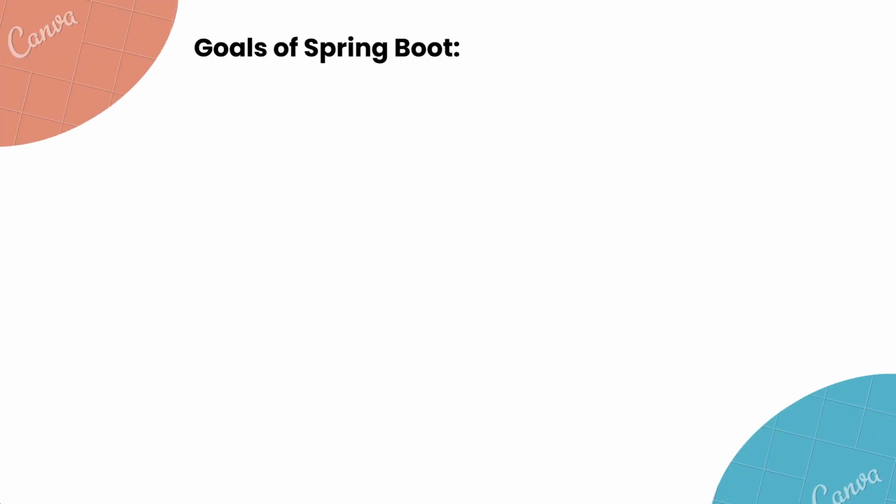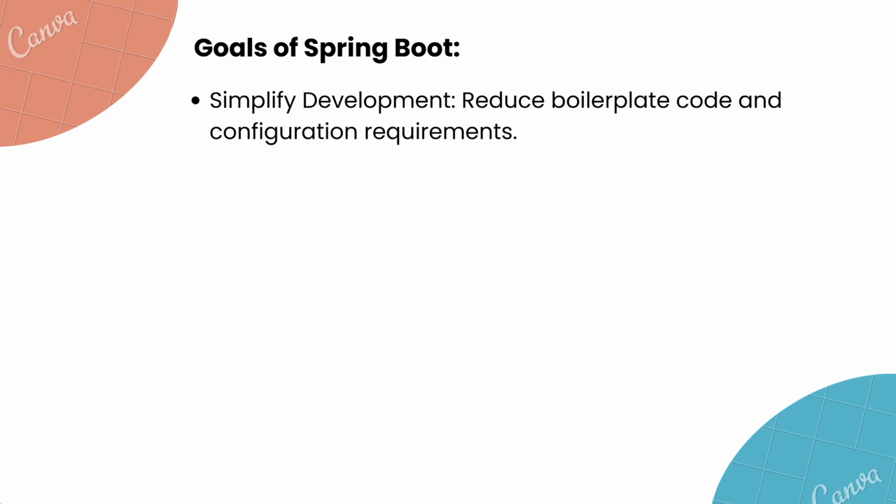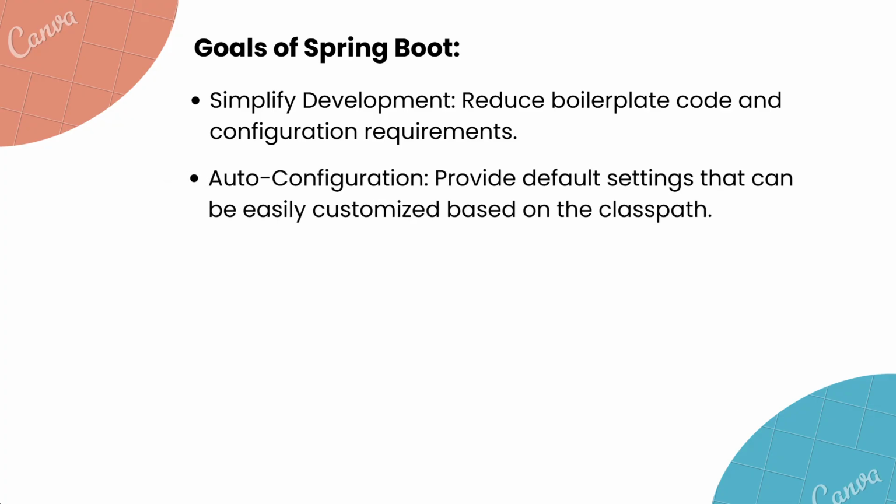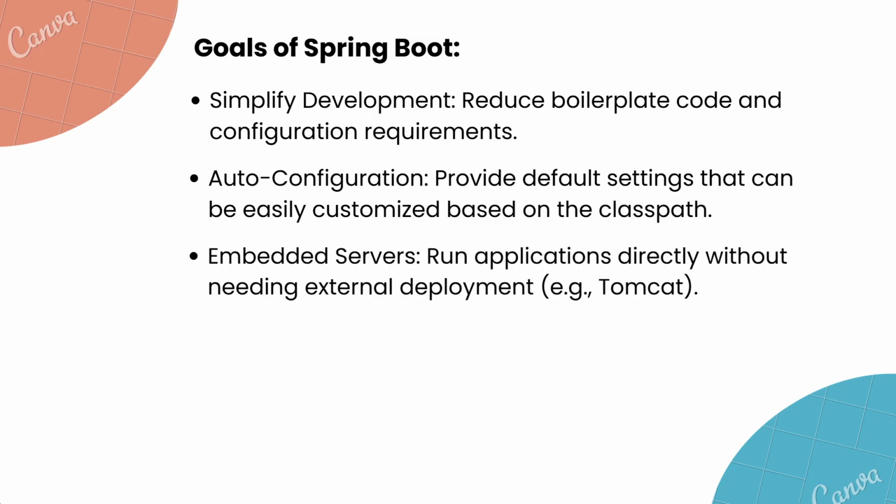Goals of Spring Boot. First one is simplify development. Spring Boot reduces a lot of configuration and boilerplate code. Second one is auto configuration. It automatically configures components based on the dependencies and settings in the application. Third one is embedded servers.